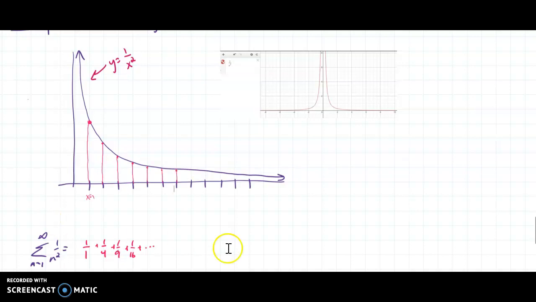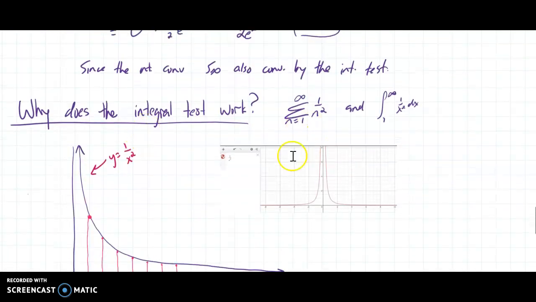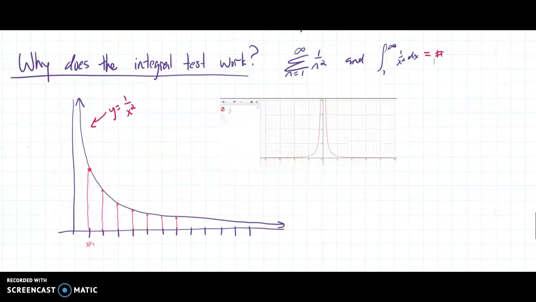Now, what I can do is I know that this integral from 1 to infinity of 1 over x squared is equal to a number. It converges. It is a number. I don't really care what it is in this scenario. But what that tells me is, all right, so that integral is actually 1.